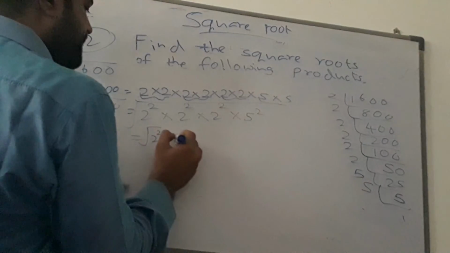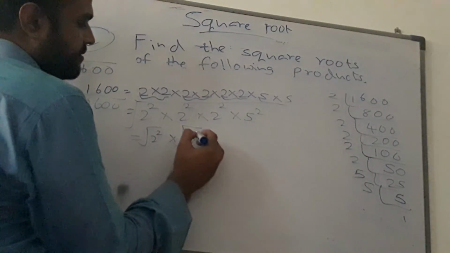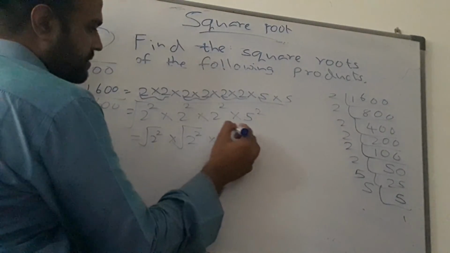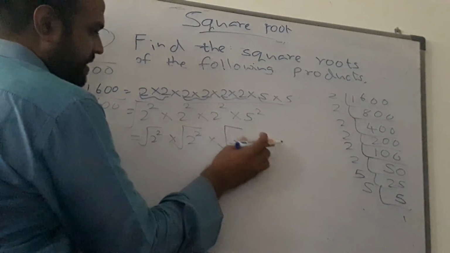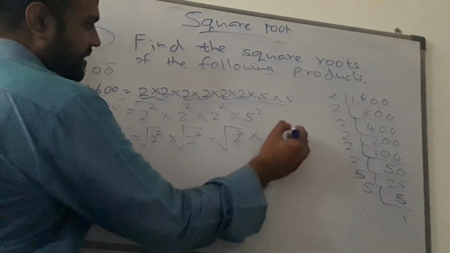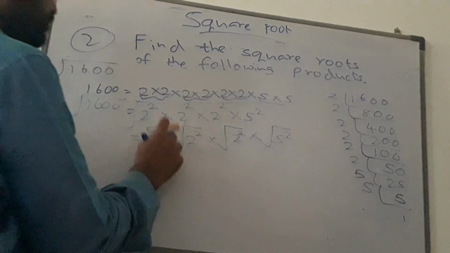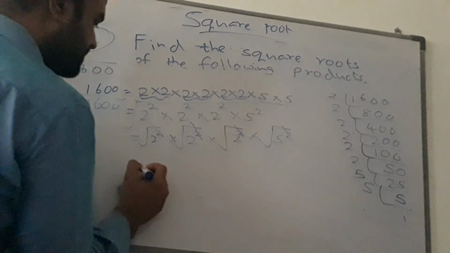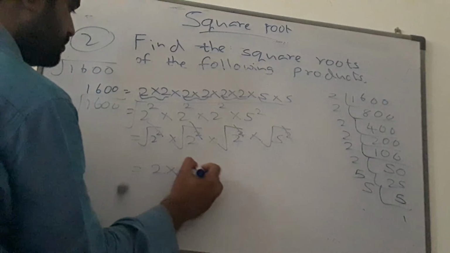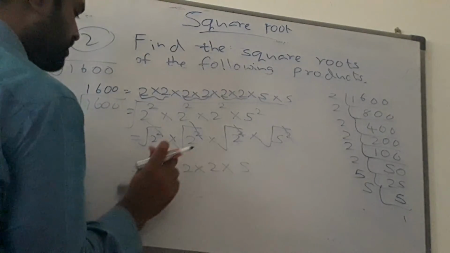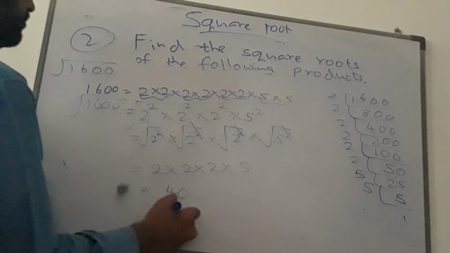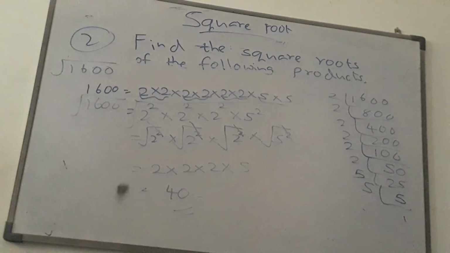We can break it like that. Square root and square get cancelled like this. So 2 times 2 times 2 times 5. 2 times 2 is 4, 4 times 2 is 8, 8 times 5 is 40. If you multiply 40 by 40 and you get 1600, my answer is correct.